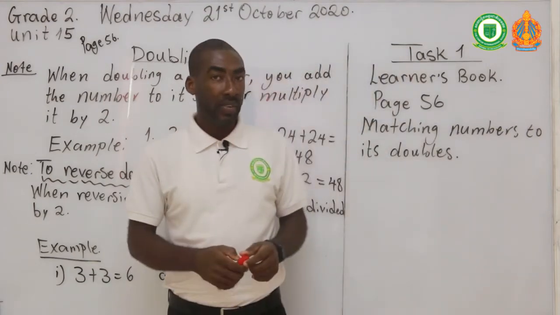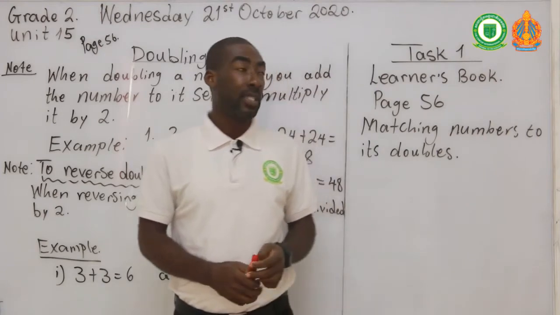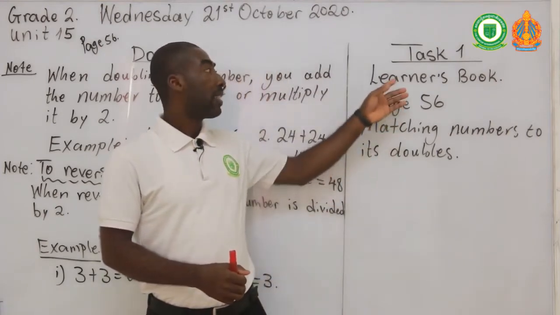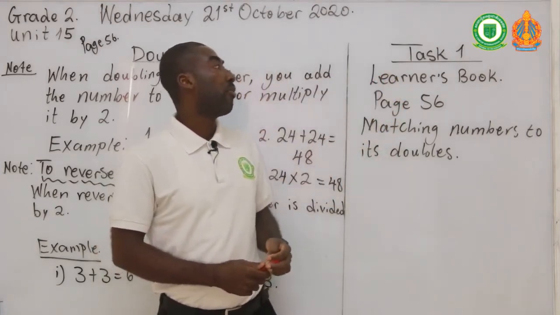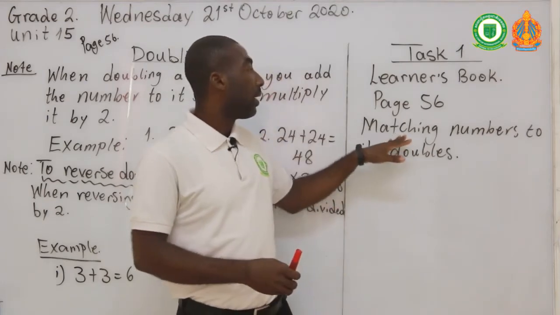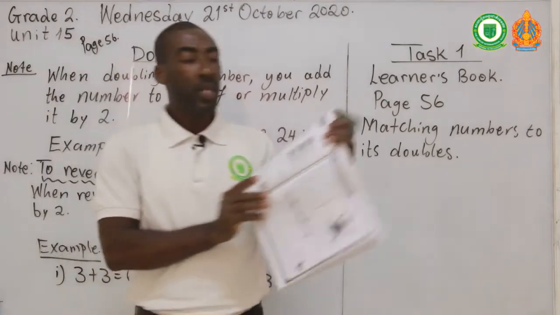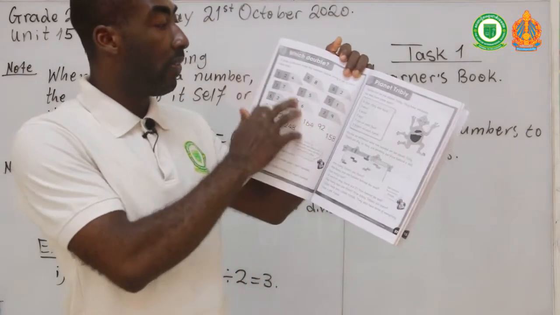I hope that you have understood up to this point and you are prepared to have your first activity. So our first activity, which is task 1, will be from the learner's book, page 56. There's actually a matching of numbers there. So you see this group of numbers.